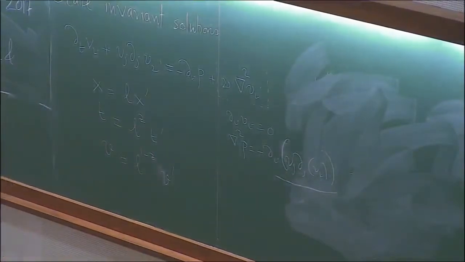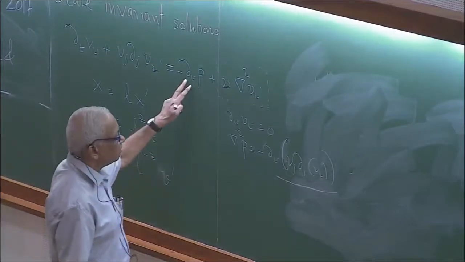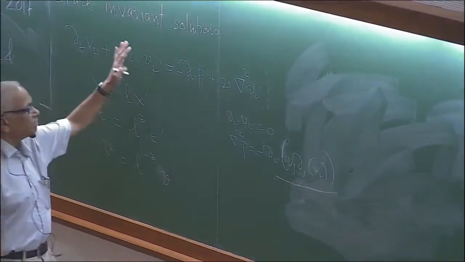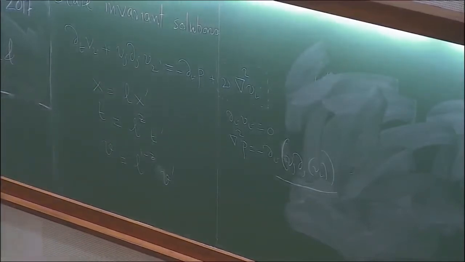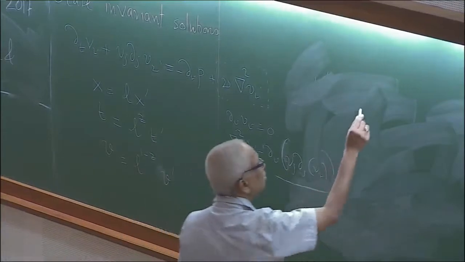The pressure term won't be doing anything special. The gradient of pressure would have the dimensions exactly of this vj ∂j vi, so nothing needs to be done about that. So there are only two terms that I need to worry about, this one and this one over here, and we get to work.